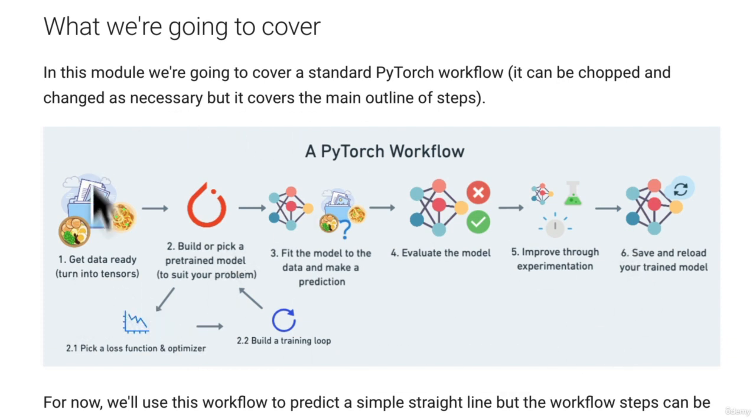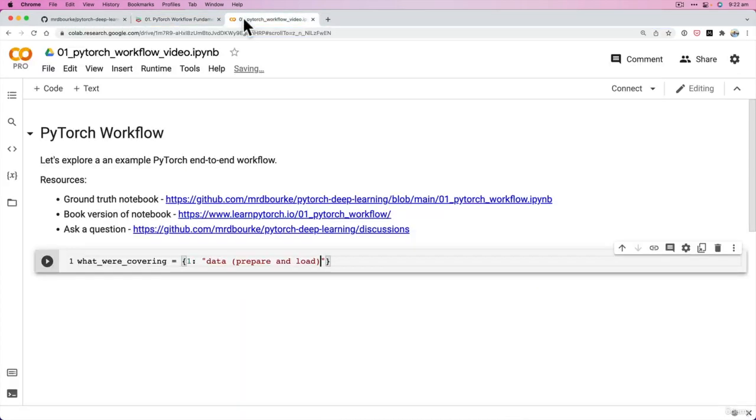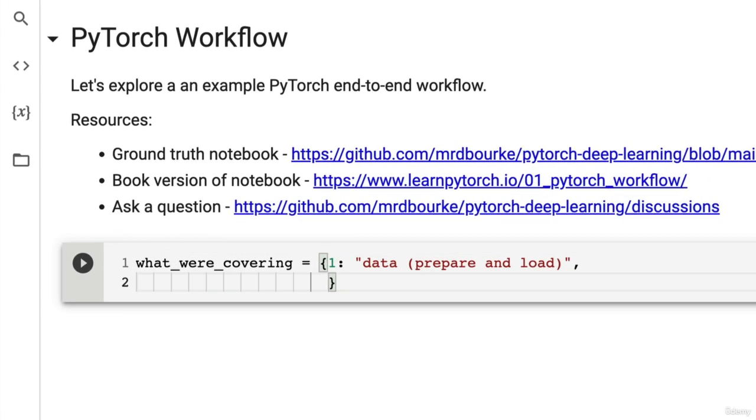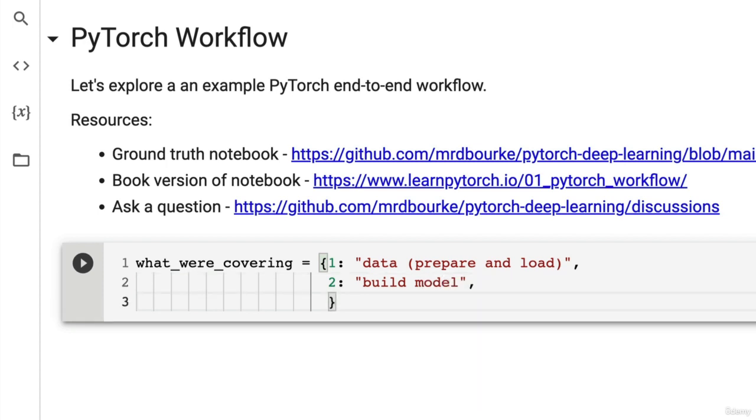And then we're going to go through the rest of the course, like really dig deep into all of these. So what we're covering, number 1 is data, preparing and loading. Number 2 is we're going to see how we can build a machine learning model in PyTorch or a deep learning model. And then we're going to see how we're going to fit our model to the data.